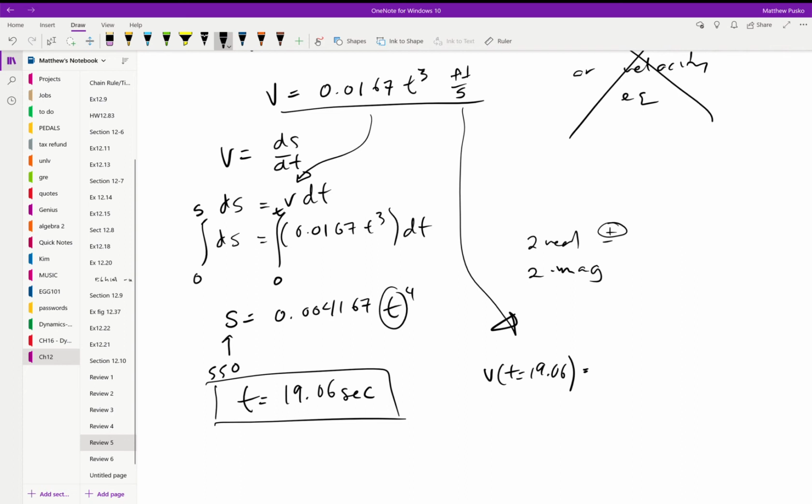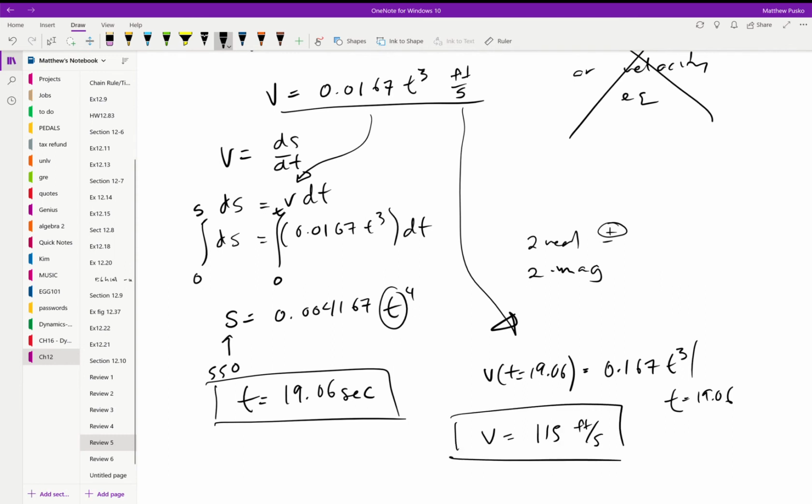So this will be the 0.0167 t to the third evaluated at t equals 19.06, and we get a velocity equal to 115 feet per second. Alright, that's one answer, and that's the magnitude, the velocity, or the speed.